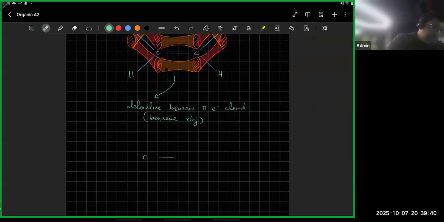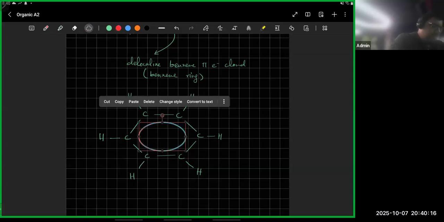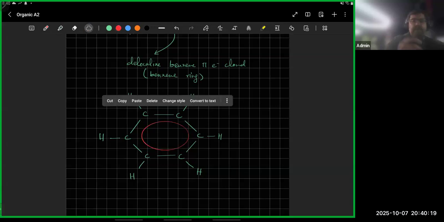it's not three alternating double bonds. The correct way is you don't show the double bonds. हमारे बाकी H है. अच्छा, now the correct way is कि you show a ring. ठीक है?